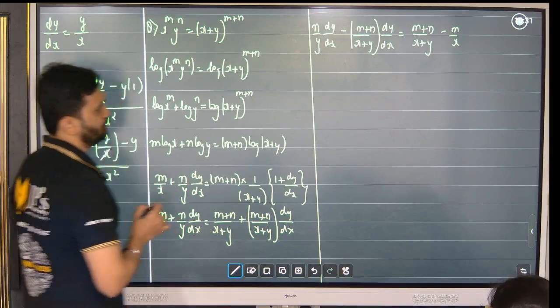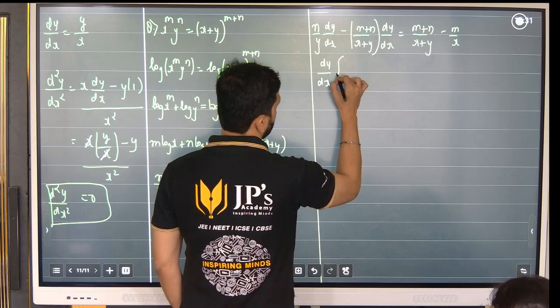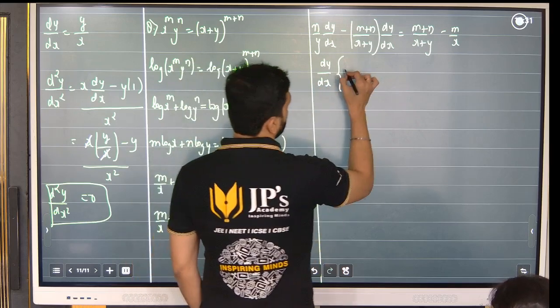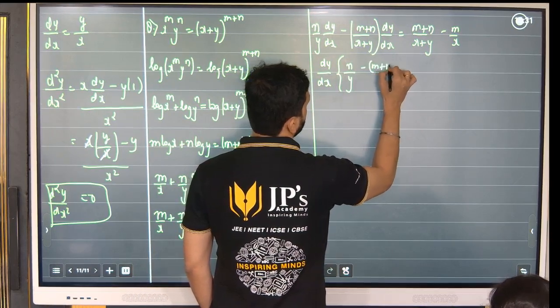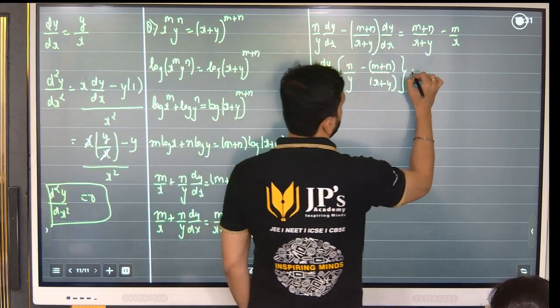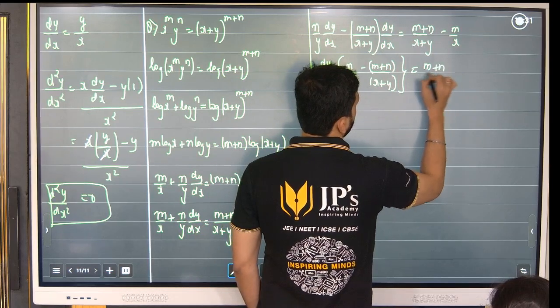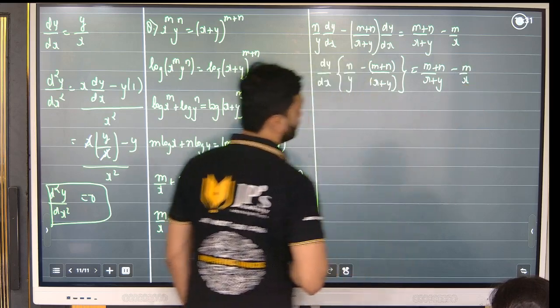Now if I take dy by dx common, this will become n upon y minus m plus n upon x plus y is equal to m plus n upon x plus y minus n by x.